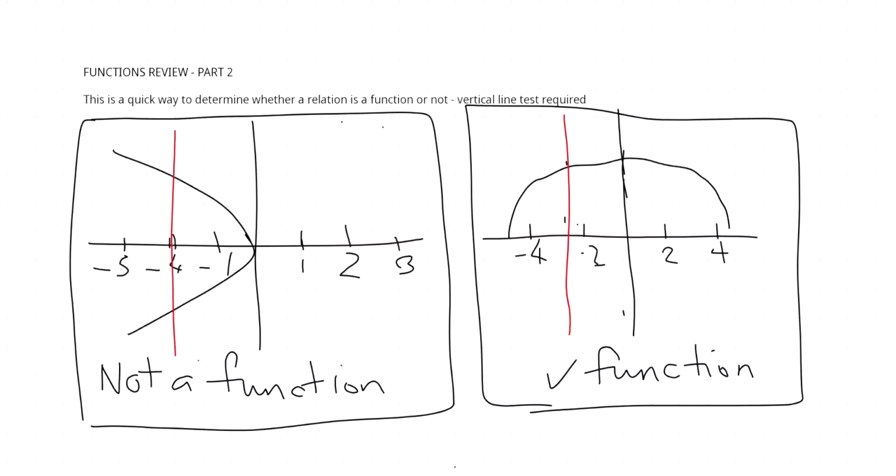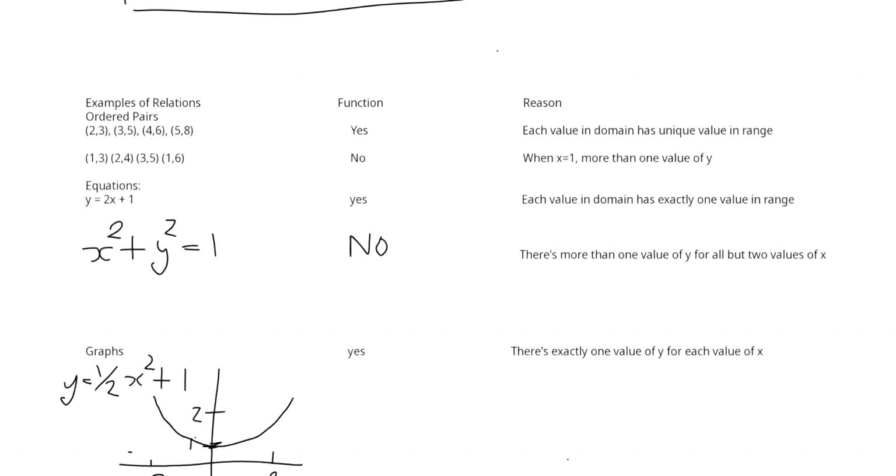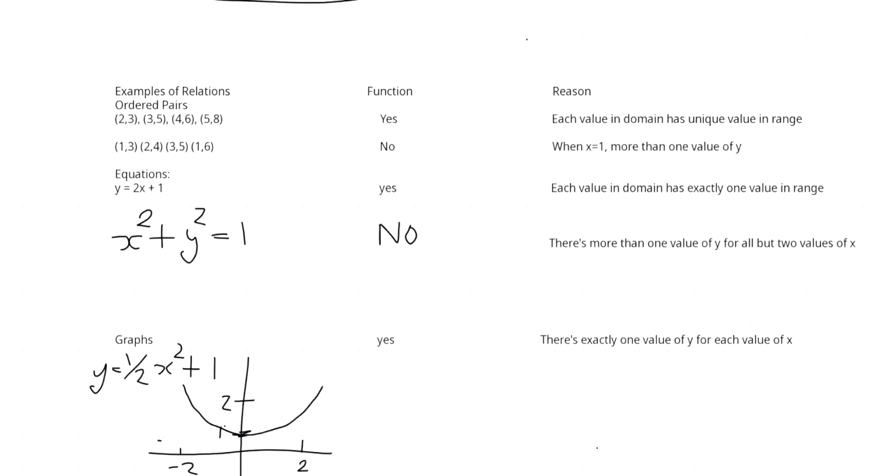So let's go into the second portion of this review. Here we have examples of relations. We have the function, whether it is or not, and the reason why it is or not. The first set we have are ordered pairs.